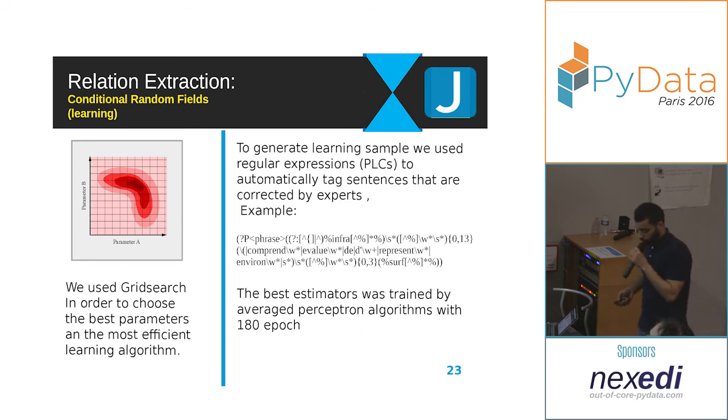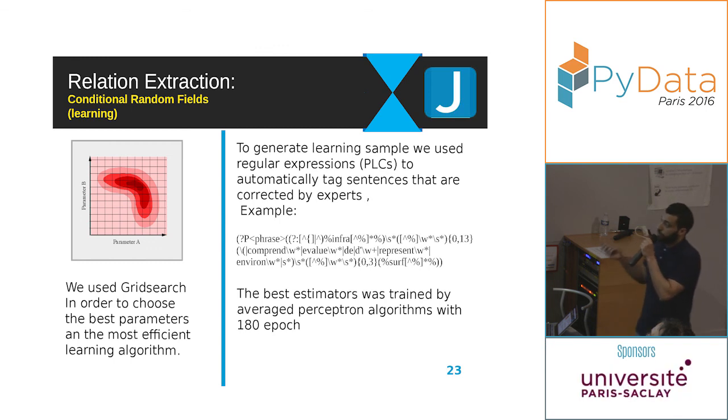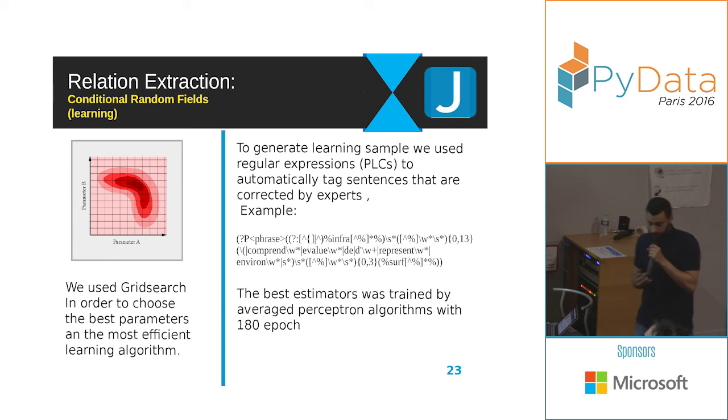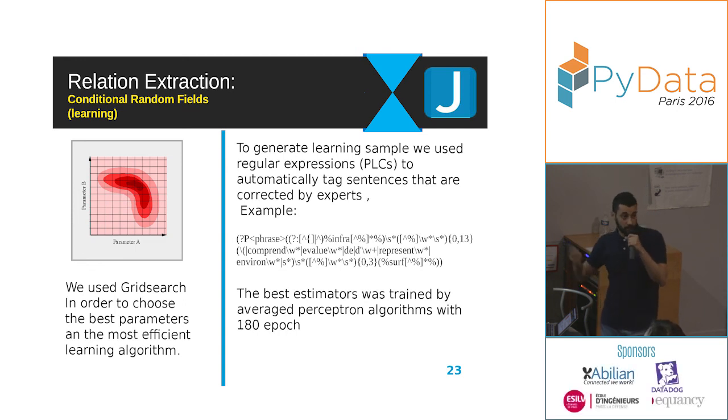In order to choose the best parameters and the most efficient learning algorithms, we use the grid search algorithm. To generate the learning samples, we didn't have enough time to label all the data manually by experts.